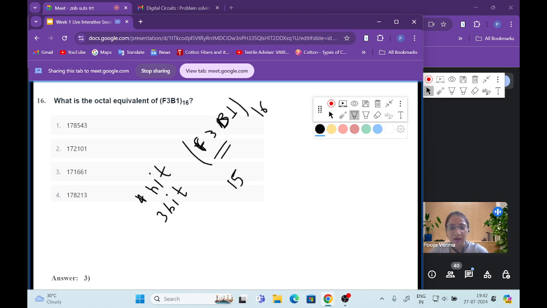And for 3, it is 0 0 1 1. And for the next digit, 11, it is 8 4 2 1, so 1 0 1 1. And for 1 it is 0 0 0 1.